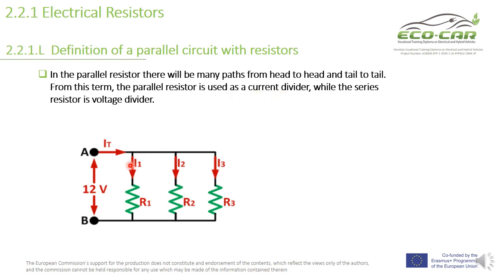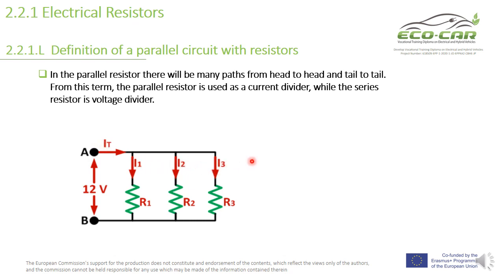You see here the current I total is divided into I1, I2, I3, and these three currents sum at this node and go back again to the same source. So I total equals I1 plus I2 plus I3.